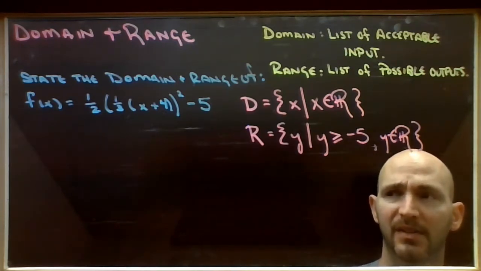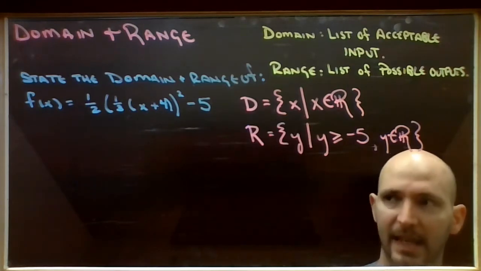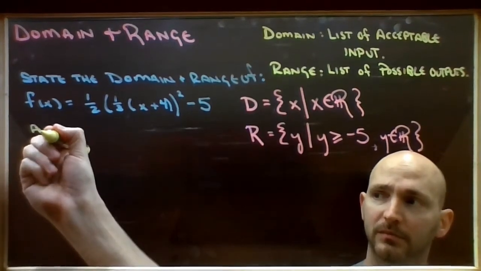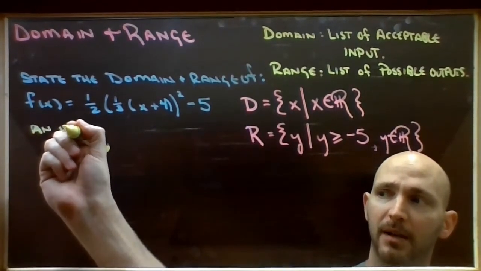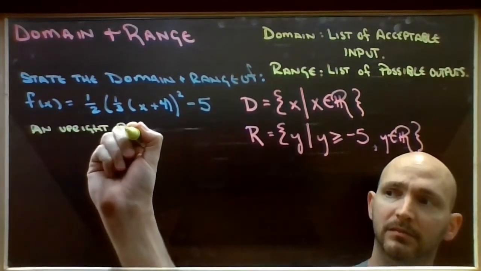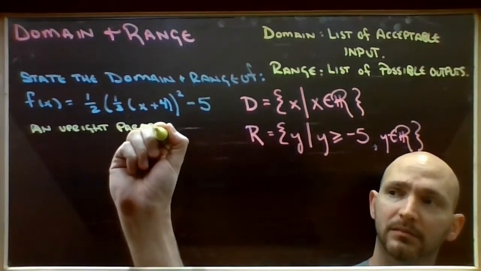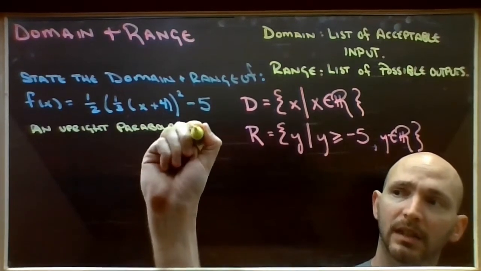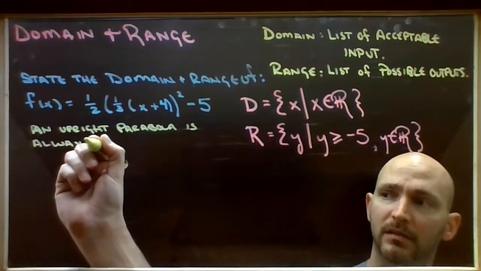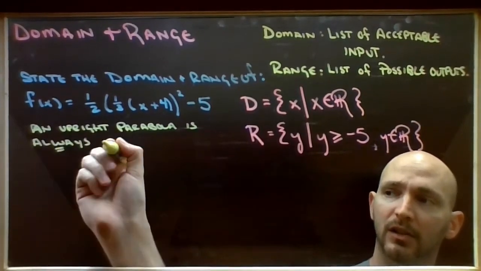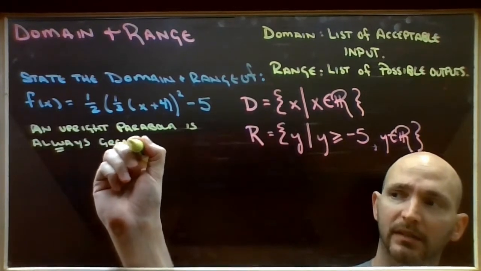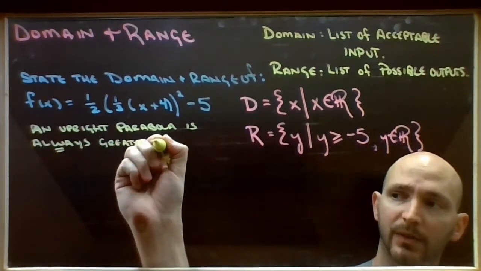So as far as the range goes, you might say to yourself, an upright parabola is always greater than the vertex. Greater than or equal to the vertex.